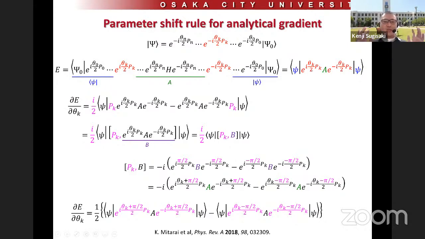So basically, we can calculate the analytical gradient by using 2 separate VQE simulations with the rotation angle theta k plus pi over 2 and the rotation angle theta k minus pi over 2.